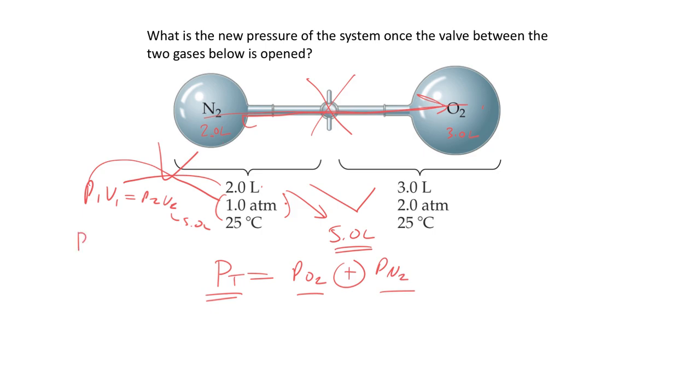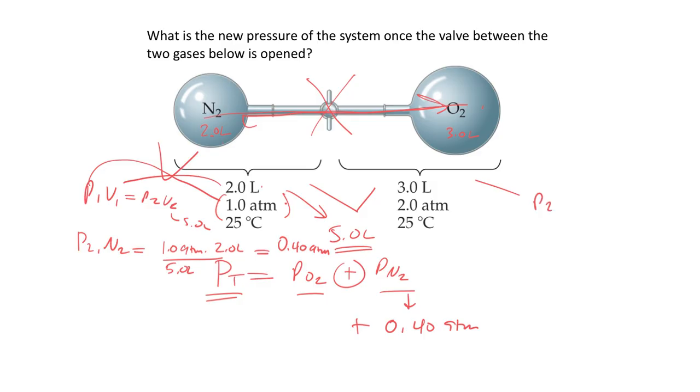So the P2 for the N2 would be equal to P1V1 divided by my new volume of 5 liters. The nitrogen pressure should drop when it expands into the new volume. I can do that math in my head. That's 0.40 atm. So that's my nitrogen pressure once it expands into the new volume.